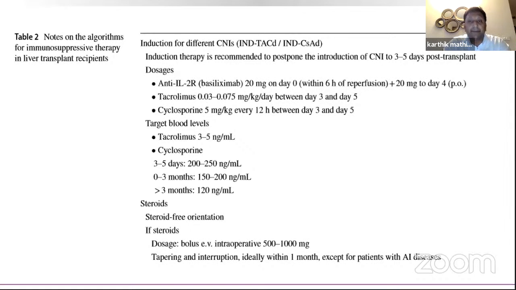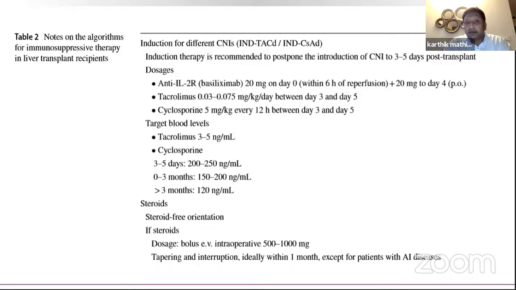Then you start tacrolimus on day 3 or day 4, depending upon the creatinine trend. If the creatinine to start with is 2.5, and on day 3 and day 4 it has come to 1.5, 1.6, then you know the trend is decreasing and there's no compromise in urine output, and it's a safe period to introduce your tacrolimus.